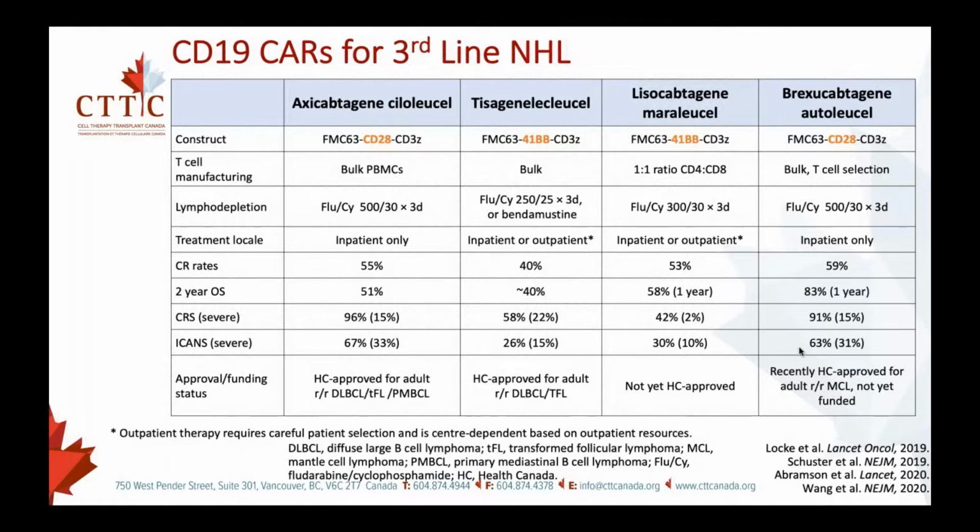But typically the 4-1BB products, because of their better toxicity profile, at least up front, can be tolerated as an outpatient better. CR rates are relatively the same across the board, and for toxicity rates, as you see here, there might be a higher rate of CRS and ICANS with these CD28 products.